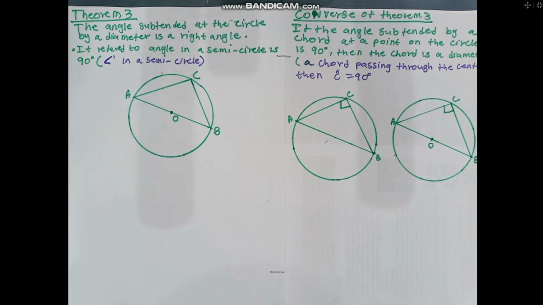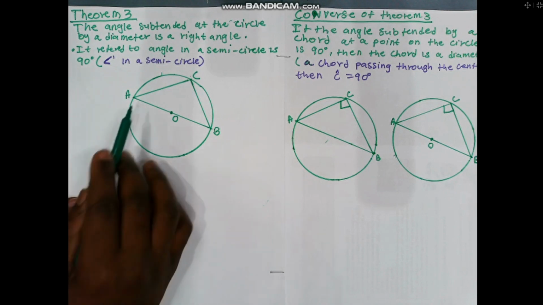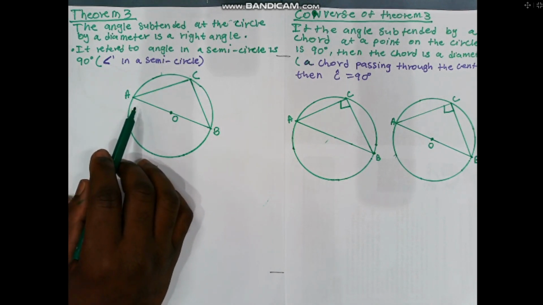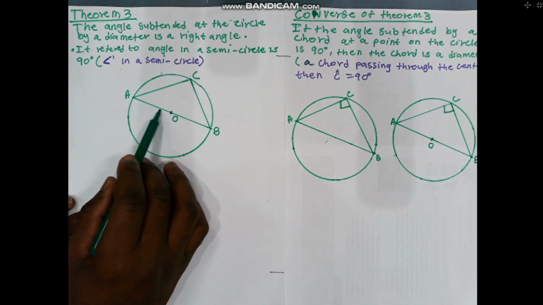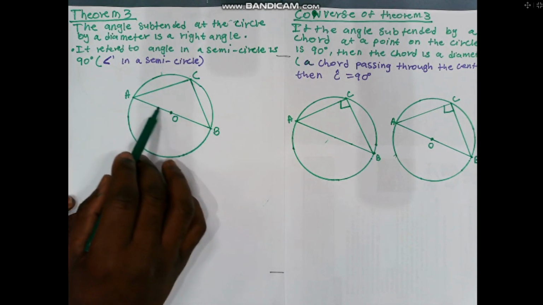So what does theorem 3 say? It says the angle subtended at the circle by a diameter is a right angle. What does that mean? An angle subtended at the circle by a diameter. Now diameter, this is my diameter.